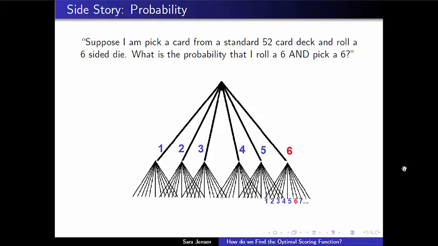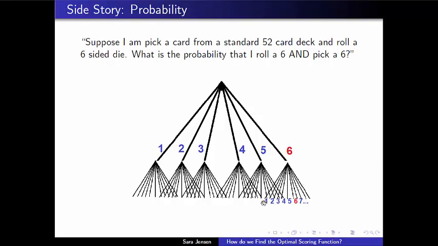Here I've taken a little bit of leniency to not draw all 52 branches, but let's envision that off of each one of these branches from the original source of the tree, I now have 52 more branches coming in this direction. And then I've highlighted one of those options that would satisfy the overall problem right here.